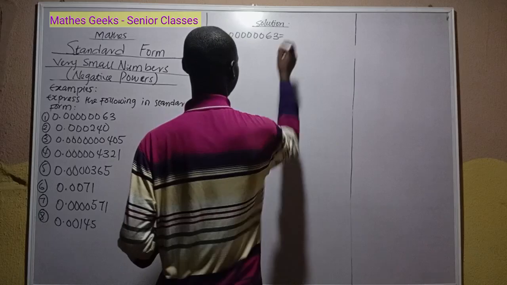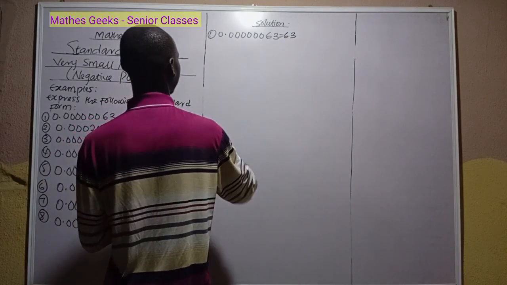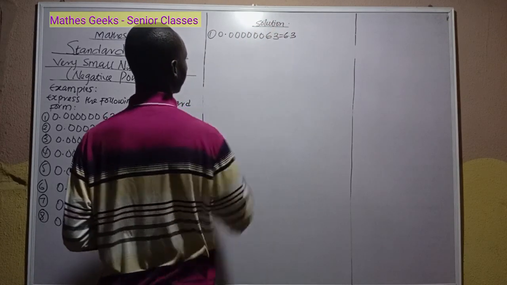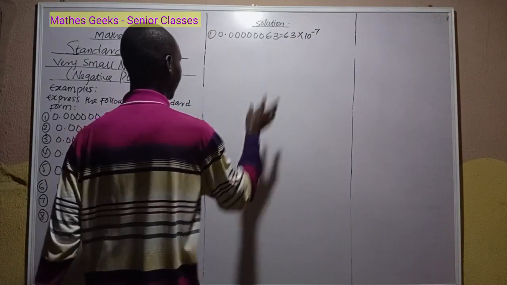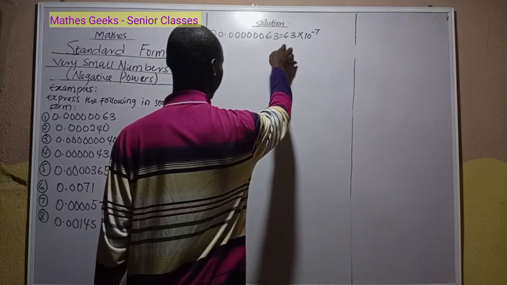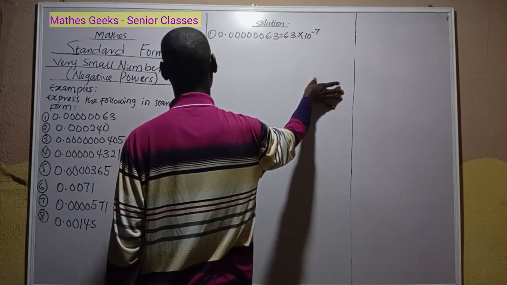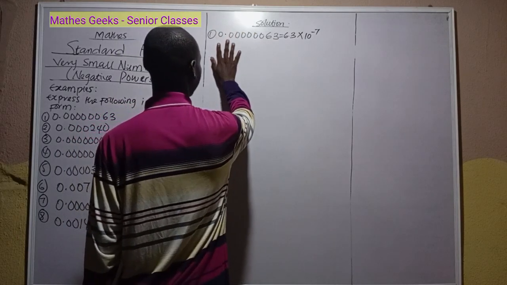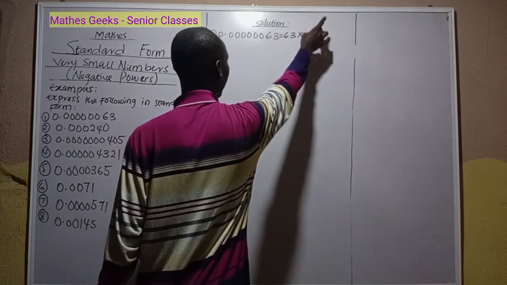So let's see how many times we need to make that move. 1, 2, 3, 4, 5, 6, 7, 7 times, 10 raised to minus 7. I told you that anytime the movement is forward, from behind to in front, the power will be negative. But if the decimal point is moved backward, then the power will be positive. So in this case, the movement was forward, so the power will be negative.